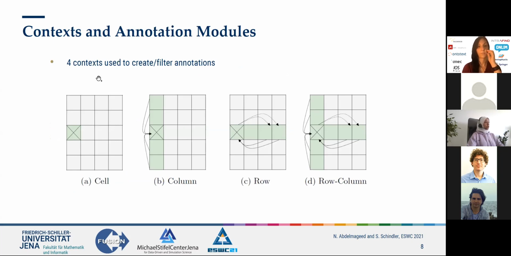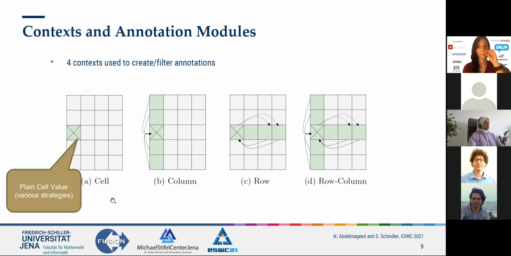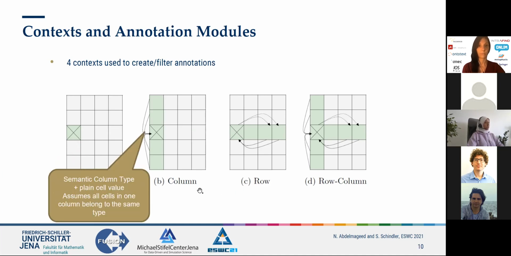We leverage four contexts to create and filter annotations. At first, we have the cell context, which uses only the plain cell value. We have also implemented various strategies leveraging this plain cell value. The second one is the column context, which leverages the semantic column type besides the plain cell value.